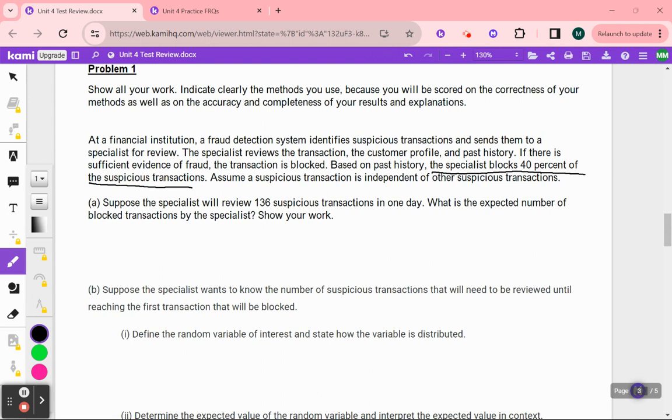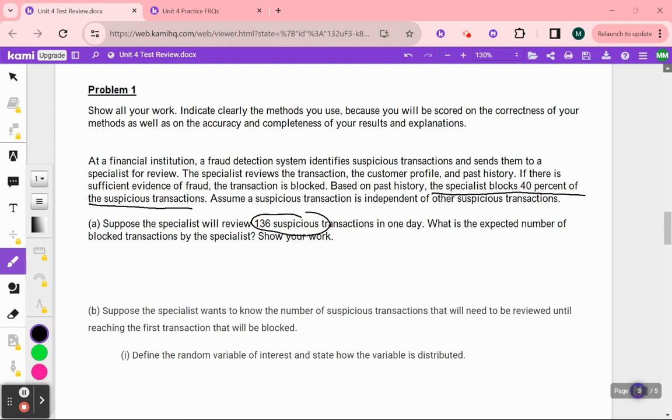Okay, part A. Suppose the specialist will review 136 suspicious transactions in one day. What is the expected number of blocked transactions by the specialist? Show your work. All right, let's see. I'm going to name my random variable.